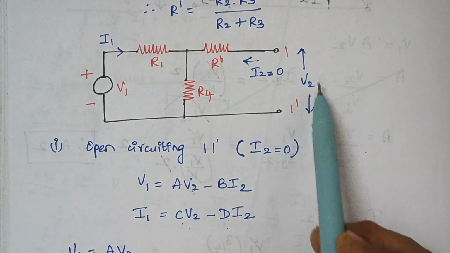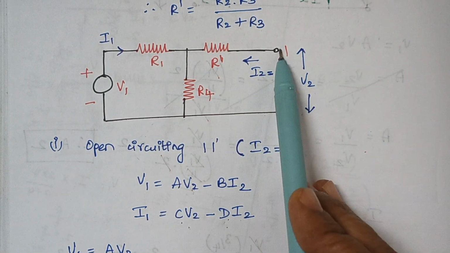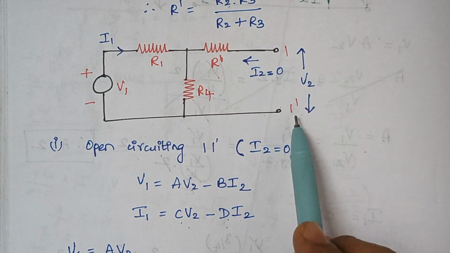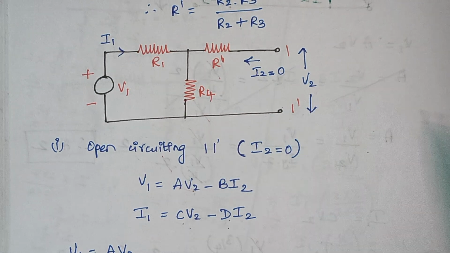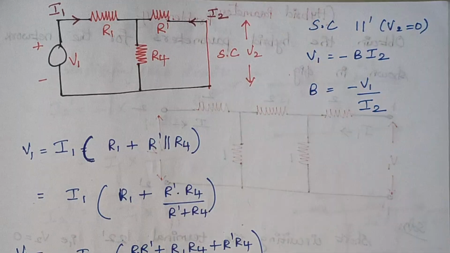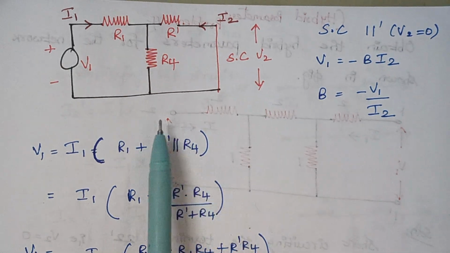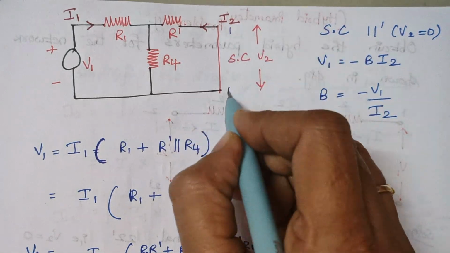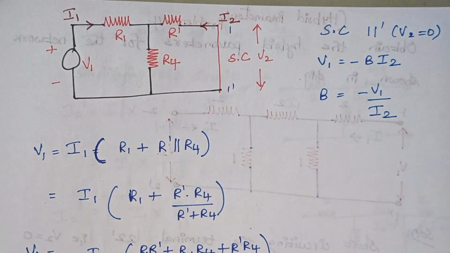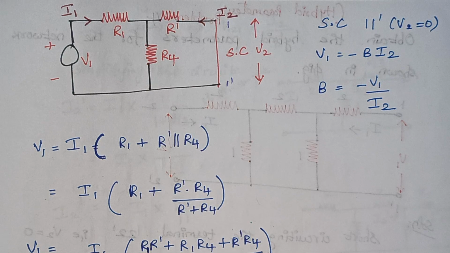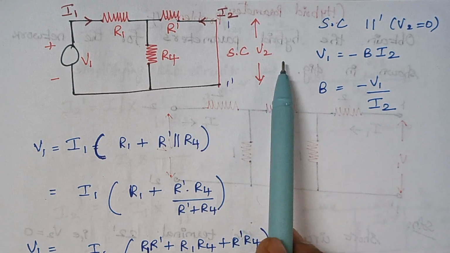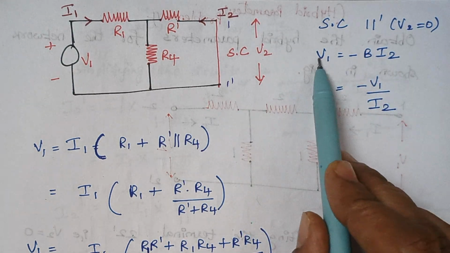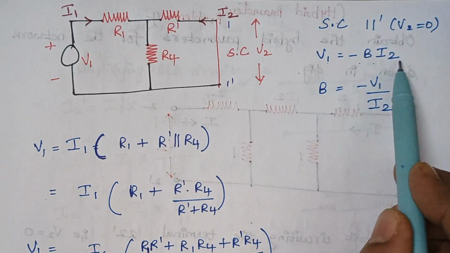V2 is the voltage at this terminal. When you short circuit this terminal 1 dash, then V2 will be made 0. So here you see this terminal 1 dash is short circuited, thereby V2 is made 0. When V2 is made 0, your first equation becomes V1 equal to minus B I2.